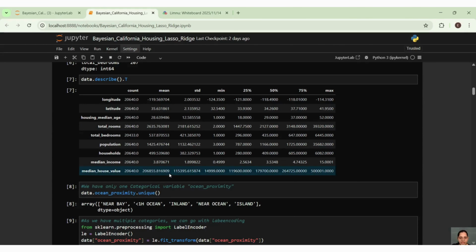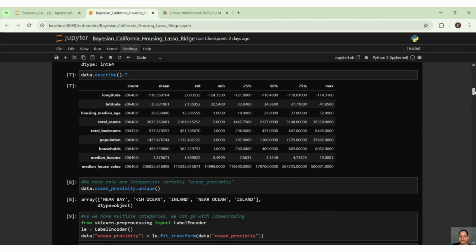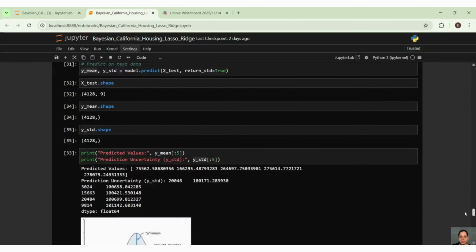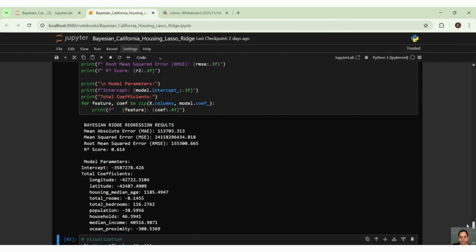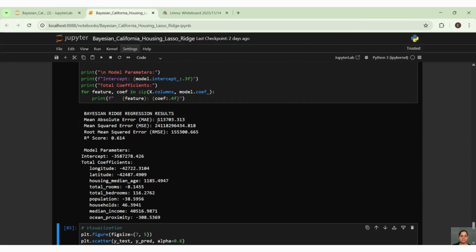Then standard deviation we are getting 1,15,396. However, let's see what we are getting in the result. The mean absolute error is 1,13,703, right? And root mean square error also we are getting more.